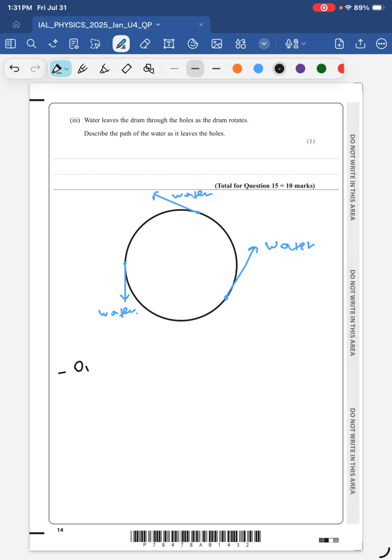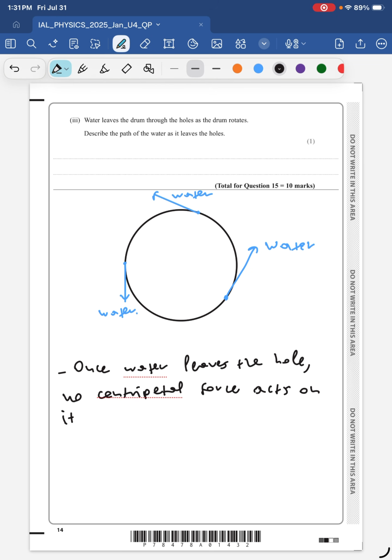Once water leaves the hole, no centripetal force acts on it, so it continues in a straight line tangent to the circle.